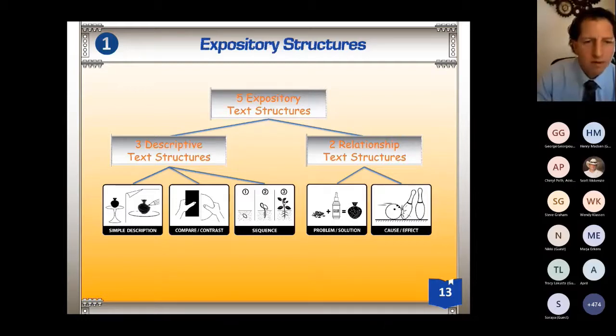And a problem often goes hand in hand with a solution, or a solution goes hand in hand with a problem. So we've got these descriptive text structures and relationship text structures, and you can see these icons with the pictures that we've developed to help kids remember the purpose, or the author's intent, when they write in these text structures.